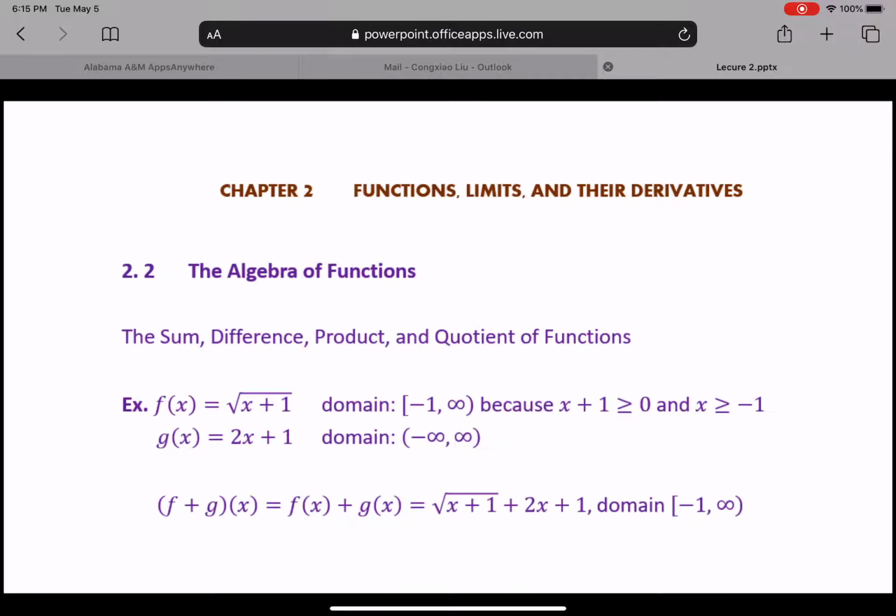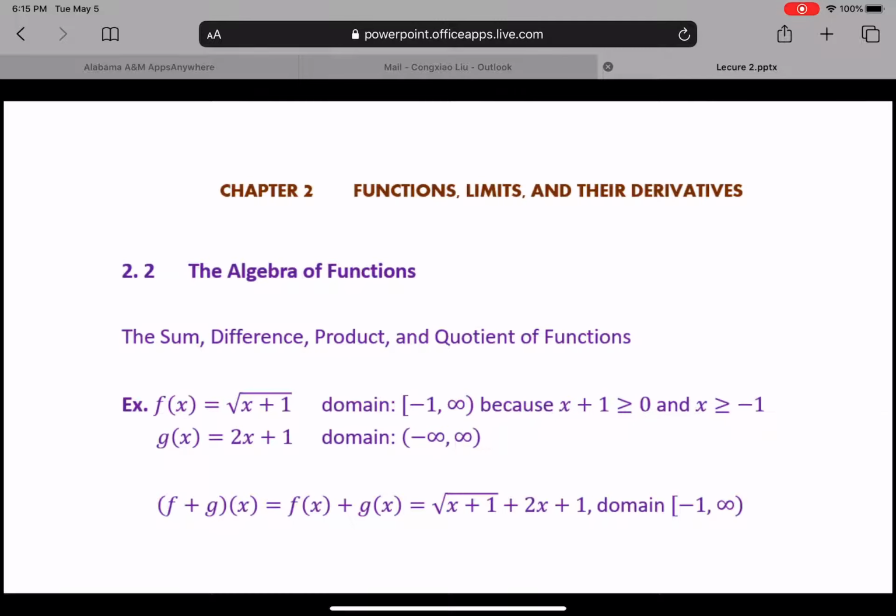There's another function g(x) in this example. It's defined as 2x plus 1, and this is a linear function, and the domain is all real numbers. In interval notation, it's from -infinity to +infinity. So we can add those two functions to get (f plus g)(x). That will give us the square root of x plus 1, plus 2x plus 1.